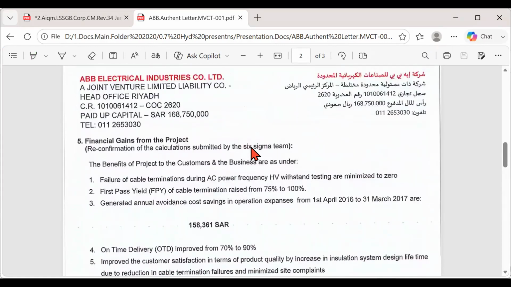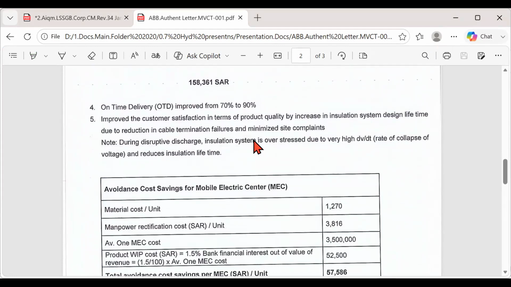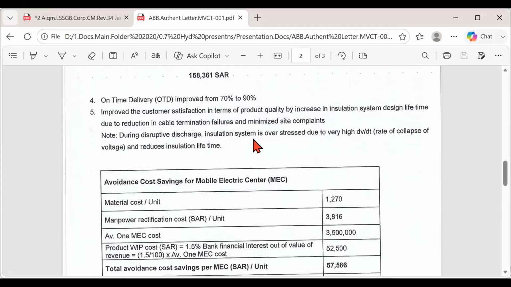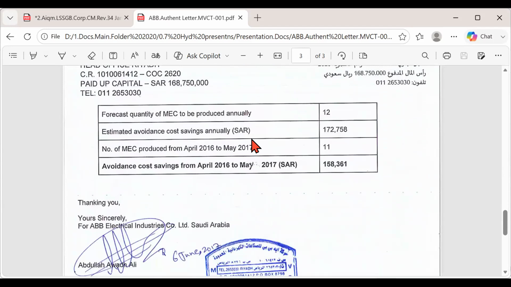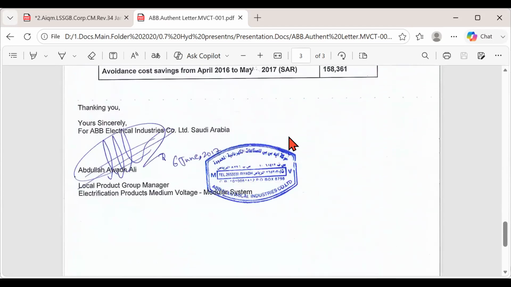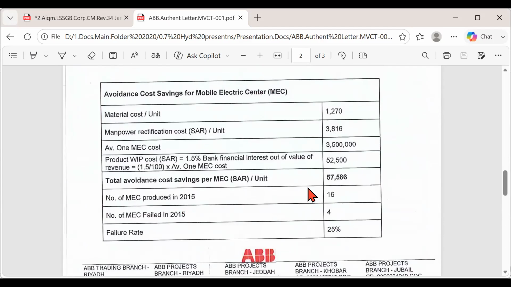So here, normally at the end of every project, the savings are calculated, and these are certified by the concerned finance department in the organization.